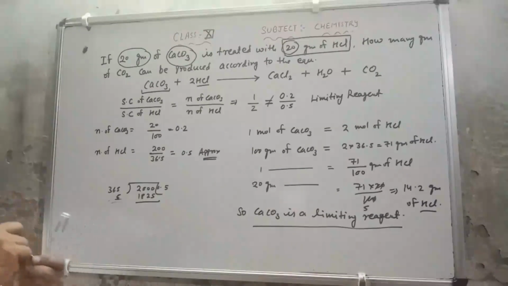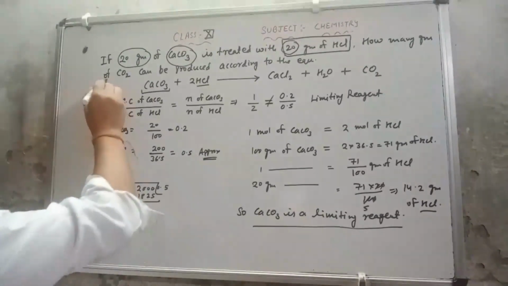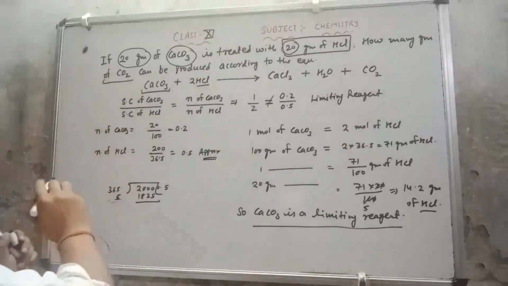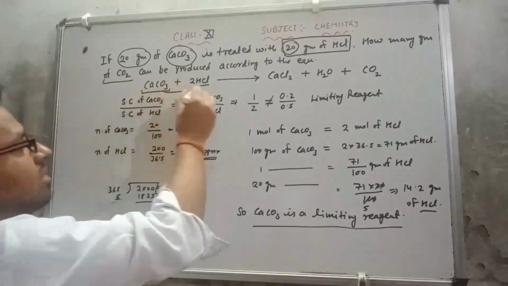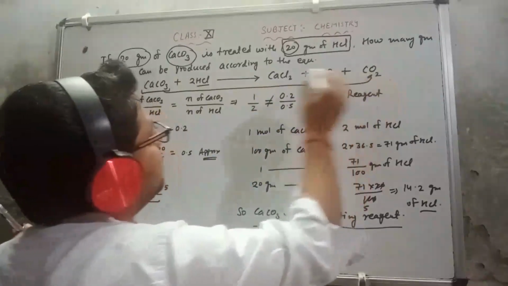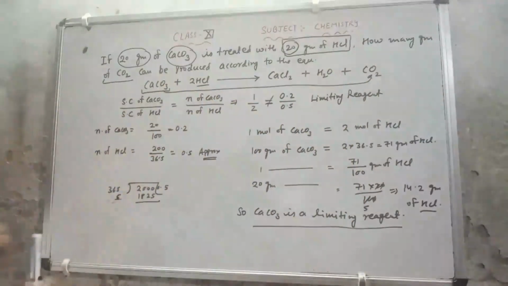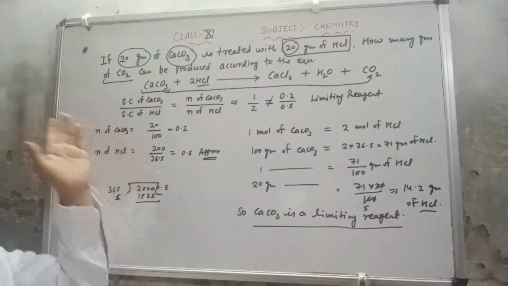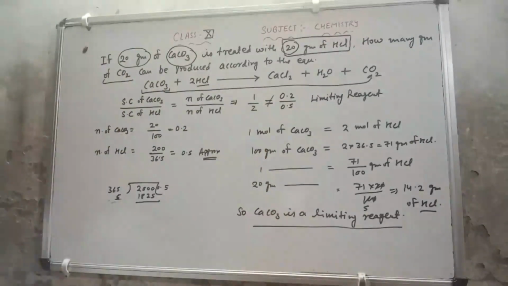Now I want to find out how much gram of carbon dioxide will form. So I will compare calcium carbonate and carbon dioxide, because calcium carbonate is the limiting reagent, and whatever is the limiting reagent, that one will be used to find out the amount of product.